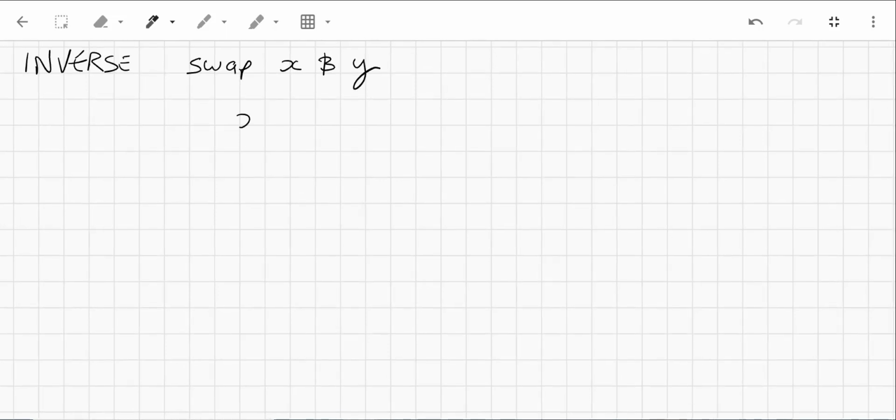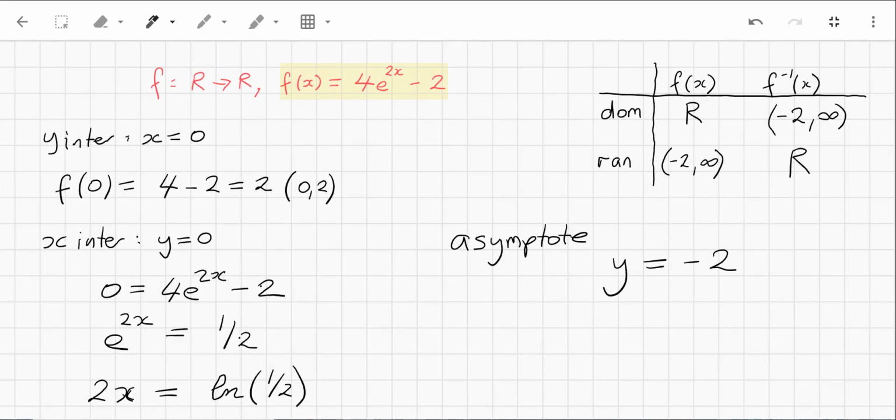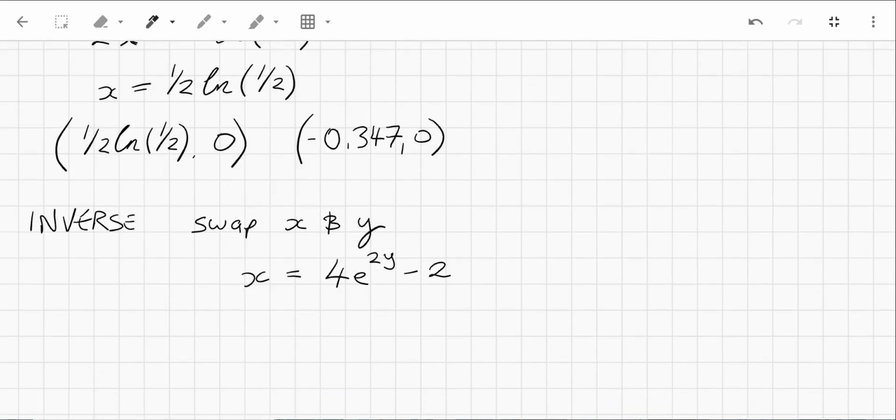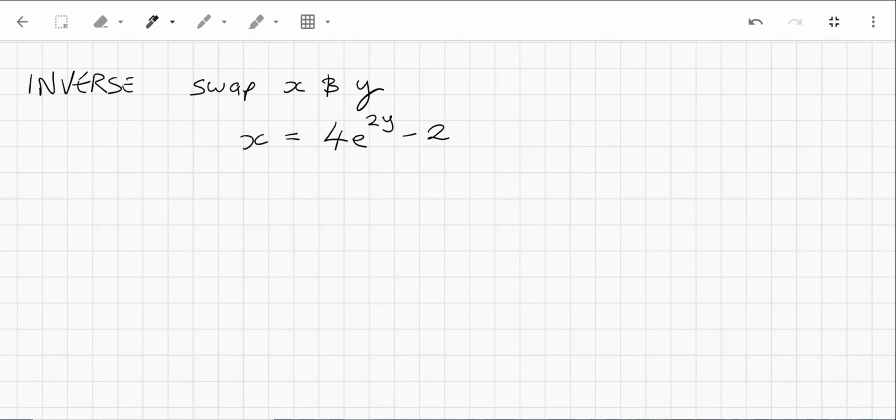So I'm going to have x is equal to 4e to the 2y minus 2. So compared to the initial, I've just swapped the x and y.